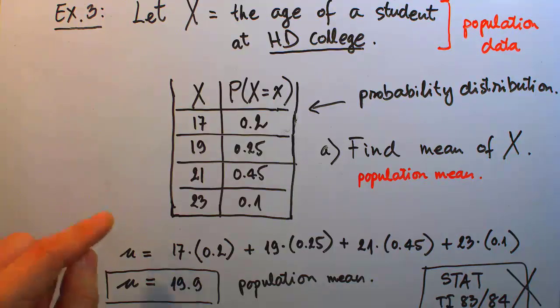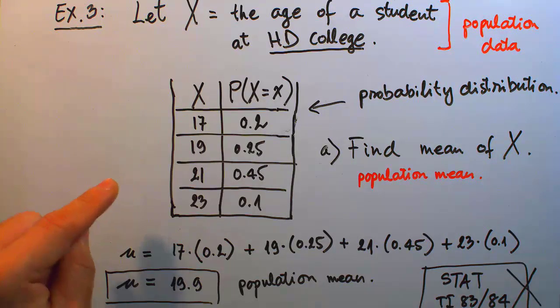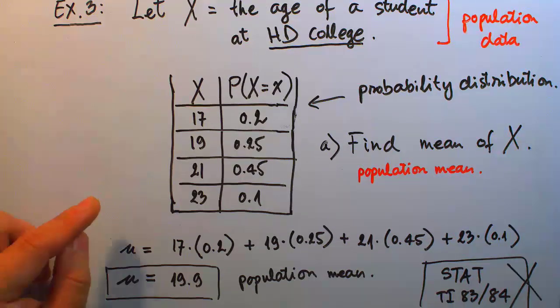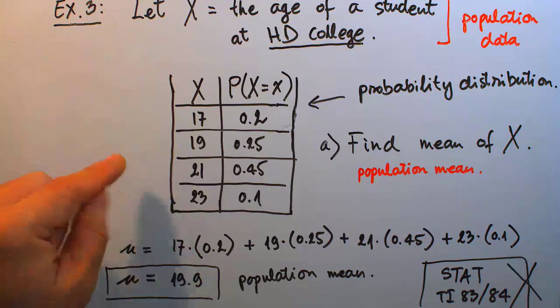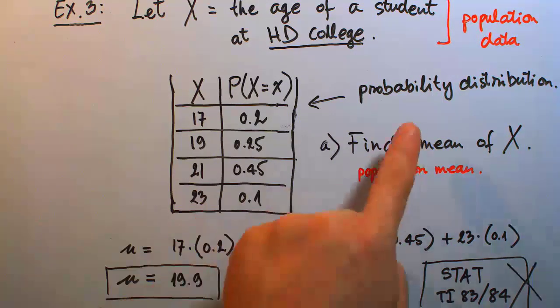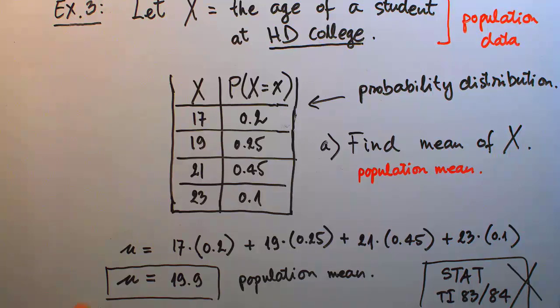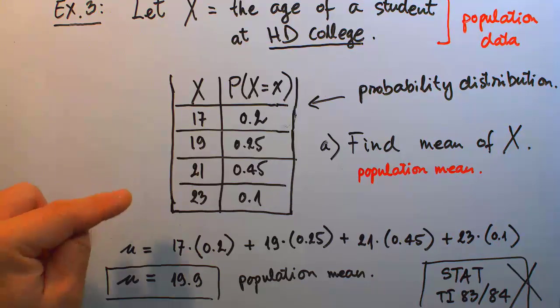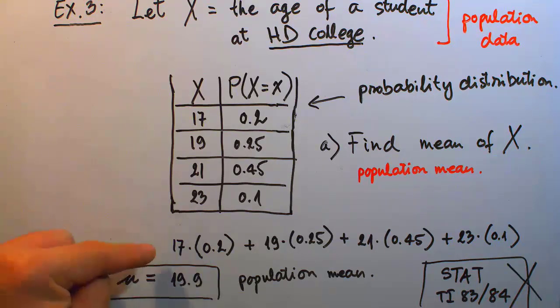As a matter of fact, there are not too many technologies out there outside of the TI-83, 84 that can handle calculating probability on a probability distribution like this. So make sure you know how to use the formula. Normally, when it comes down to a probability distribution, our work for finding the mean value is quite short.